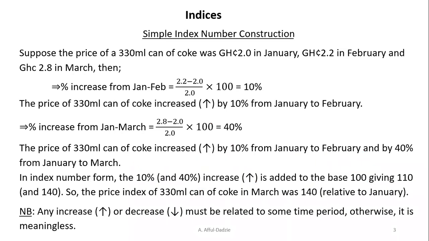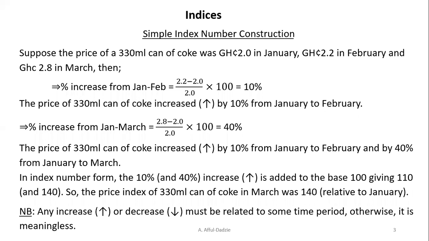We'll get into these and you'll see it. So let's start by getting a simple understanding of simple index number constructions. For now, let's look at the case of percentage increases in certain occurrences. Suppose that the price of Coke in January was 2.0, in February was 2.2, and then in March, 2.8.